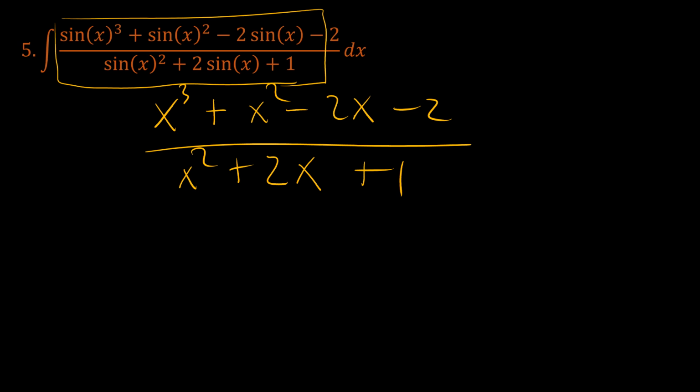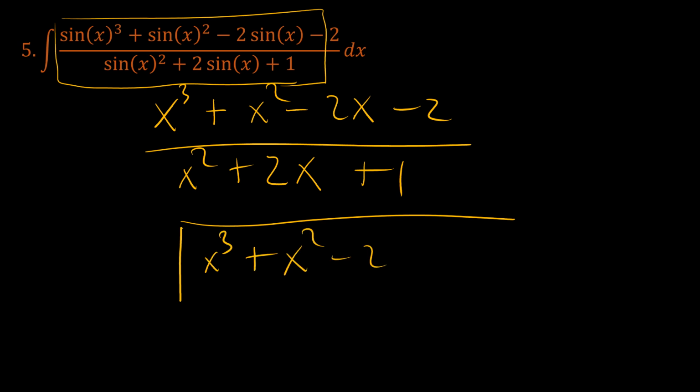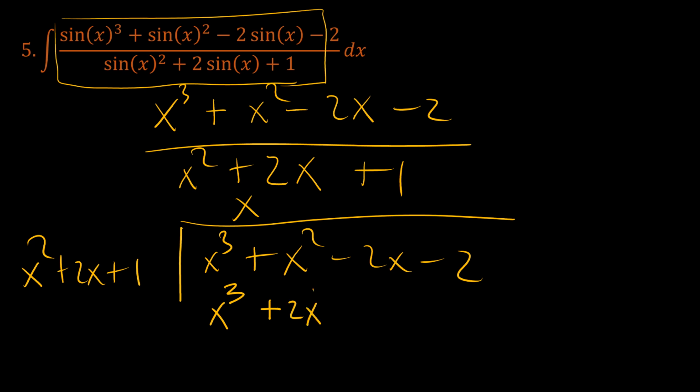A couple of things we could do here is to just do a long division. So we have x cubed plus x squared minus 2x minus 2 divided by x squared plus 2x plus 1, such that when we multiply by x, we have x cubed plus 2x squared plus x.